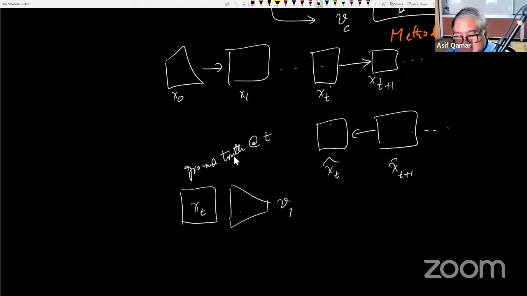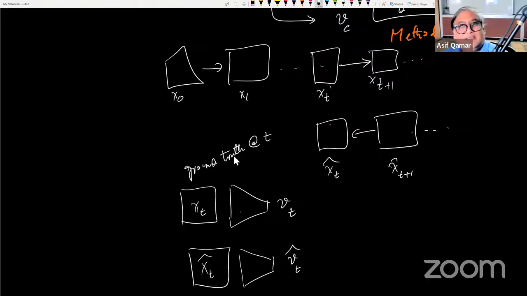And what will I get? vt, the ground truth vt. And I can take xt plus 1, this prediction of xt, and what can I get? The predicted, encoded vector.